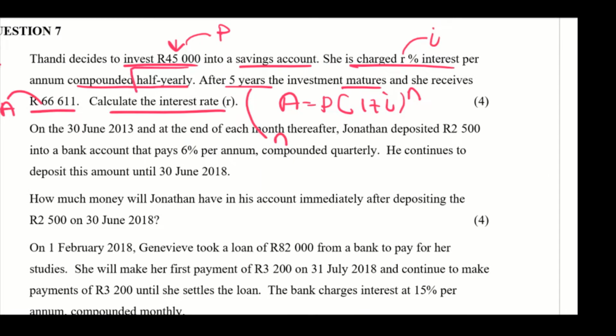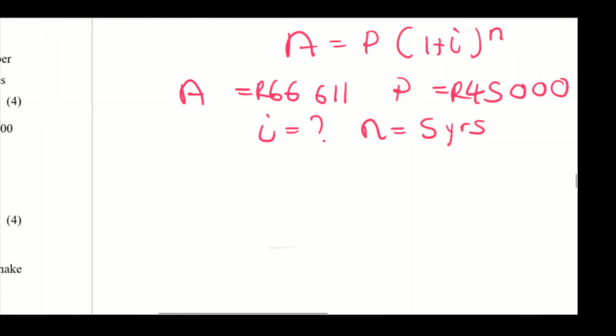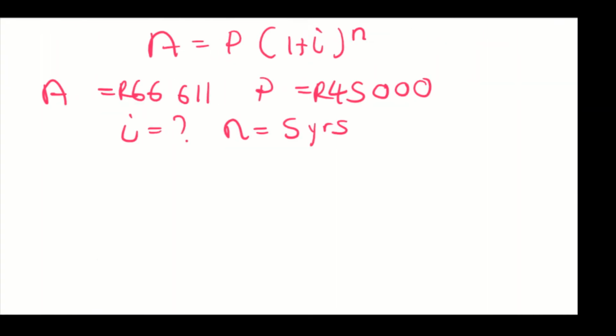So this portion here is really important. So it's compounded half yearly, which means we're just going to divide by 2 here and then multiply by 2 there. So let's just substitute everything in this equation here.